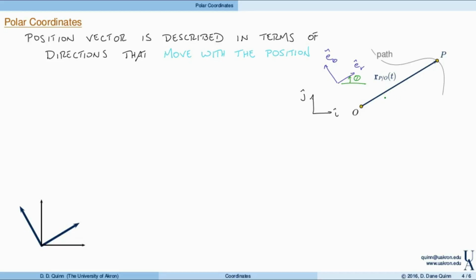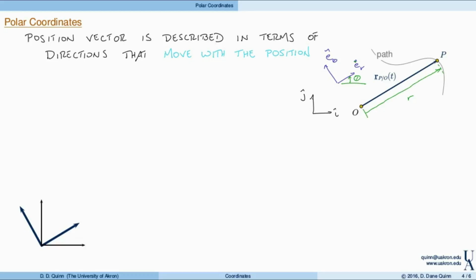And in addition, we will measure the length of this vector as a scalar, and we'll call it r. Remember, underbars represent vectors, and because this one doesn't have one, it is simply a scalar magnitude. And our coordinates are r and theta.